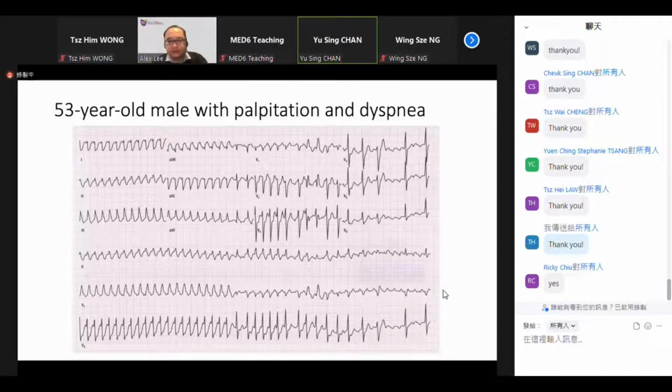It can also be a ventricular fibrillation, for example. Okay, but should ventricular fibrillation be regular or irregular? Irregular. And chaotic, right? So does this ECG look chaotic? No, it doesn't quite look chaotic. It looks regular.